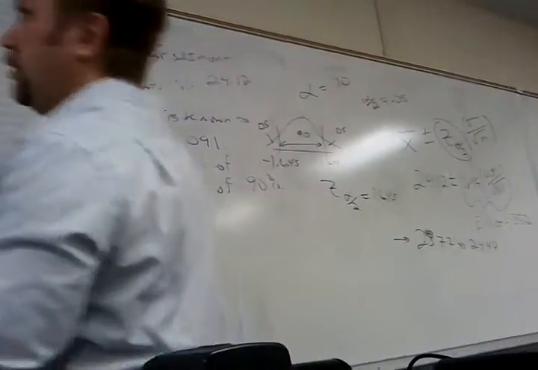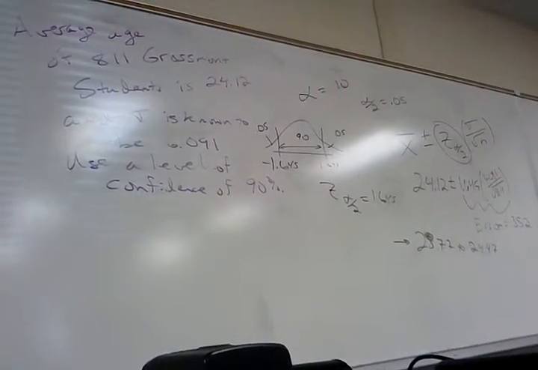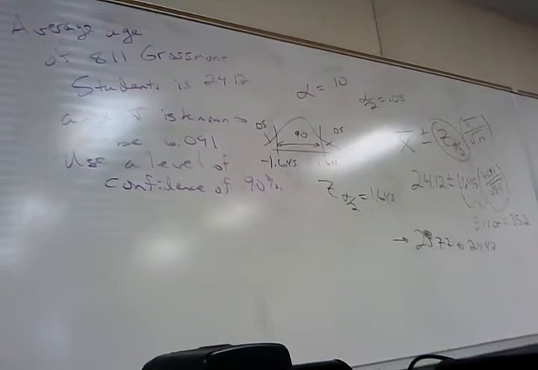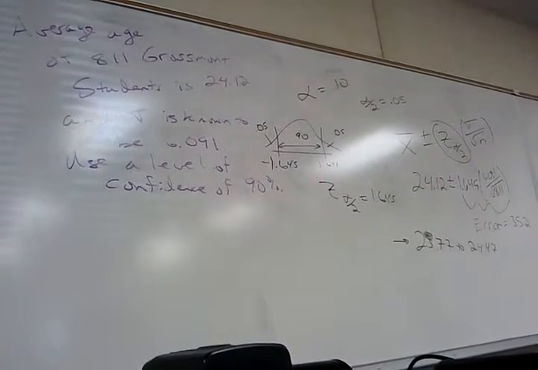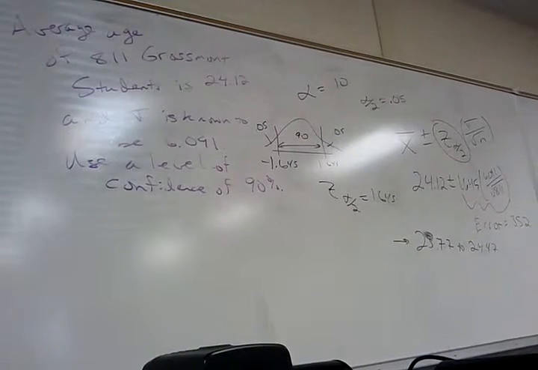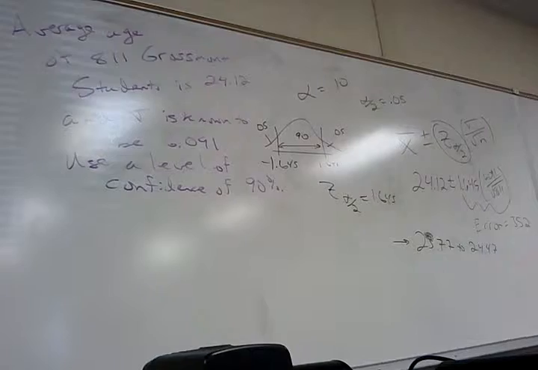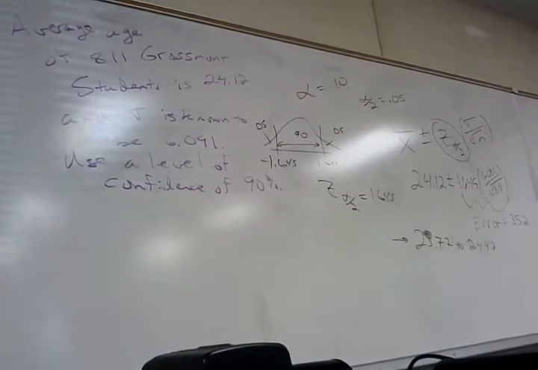So what I've got going on here is there's a real mean somewhere. Here it is. And I take a sample. And then I say, okay, the real mean is somewhere in here to here. So we create this, which would be like the 23.77 to 24.47. And I'm saying I'm 90% confident that this interval catches that guy. So what's the chance he's outside?